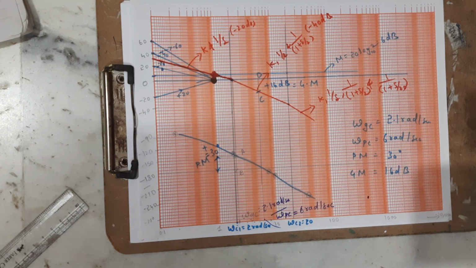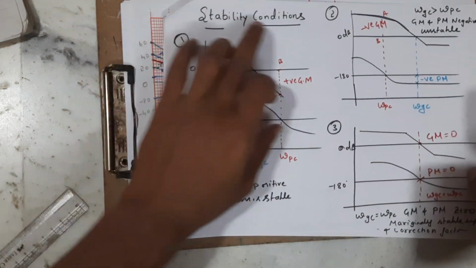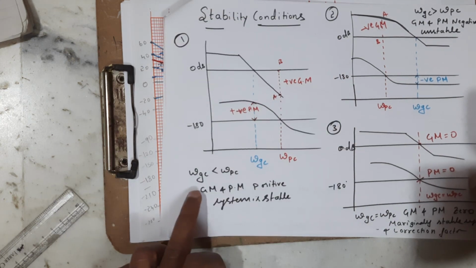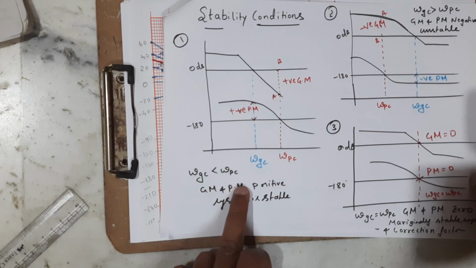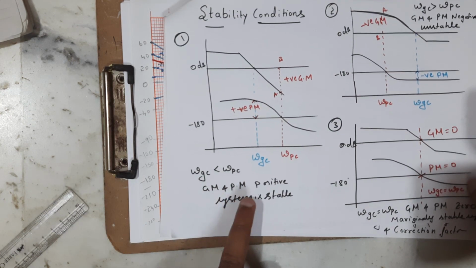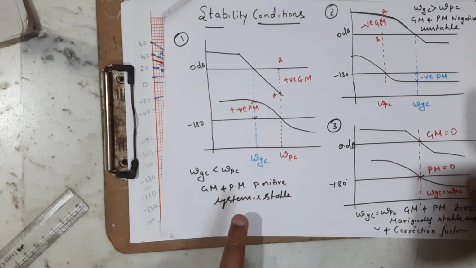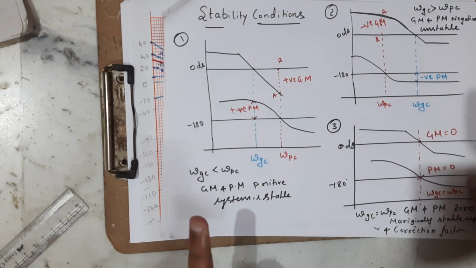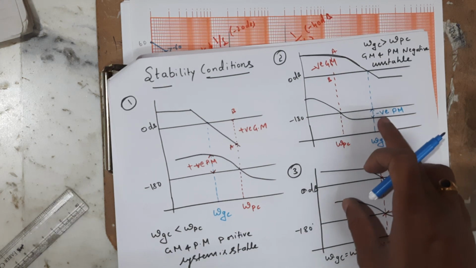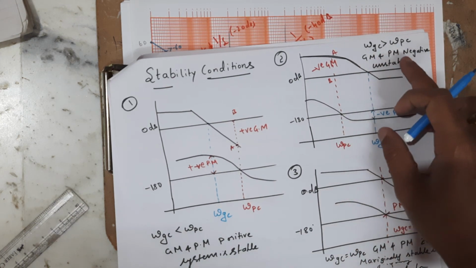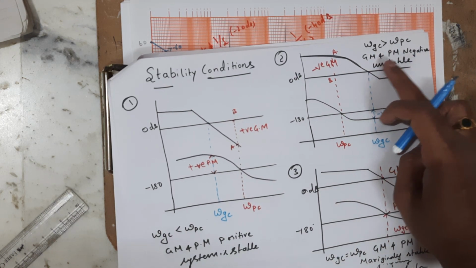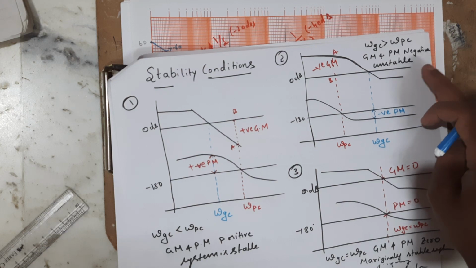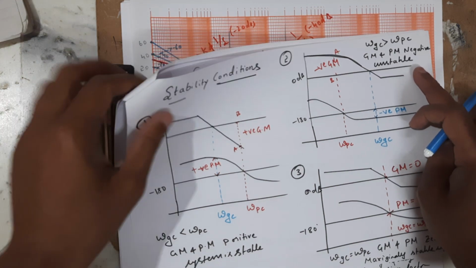There are different conditions. So stability conditions: when omega GC is less than omega PC, GM and PM are positive, then the system is stable. So this is the first condition. Second condition, when omega GC is greater than omega PC, GM and PM will be negative, then it is an unstable region.